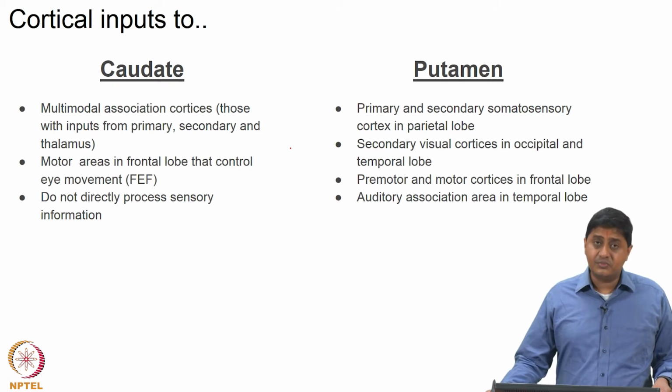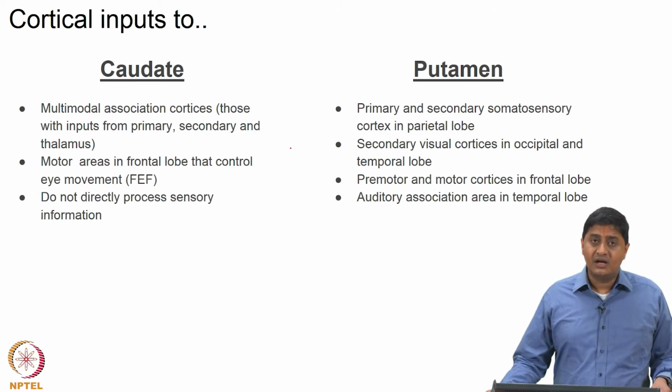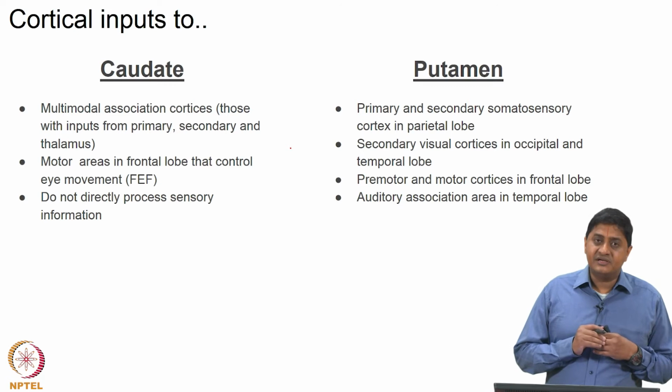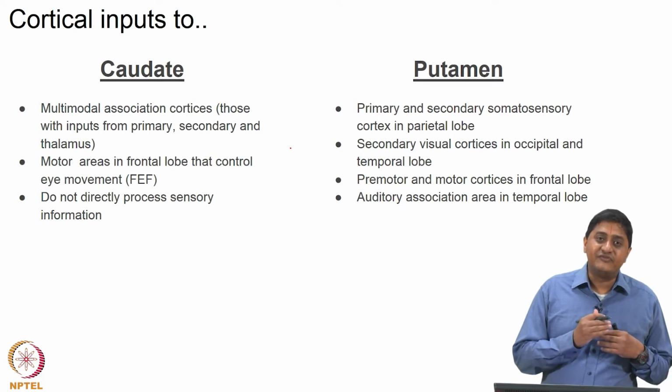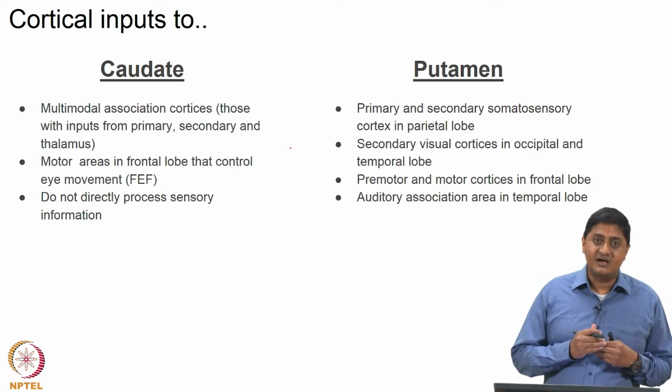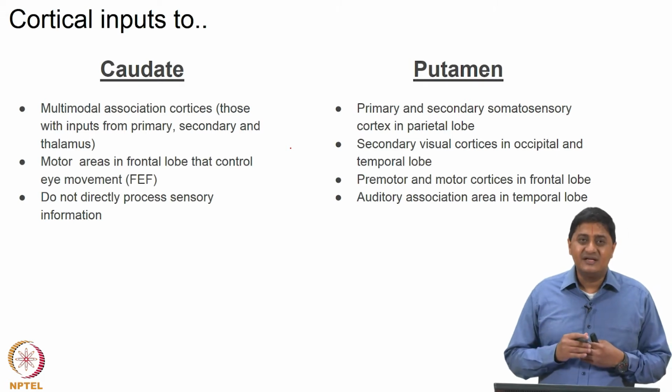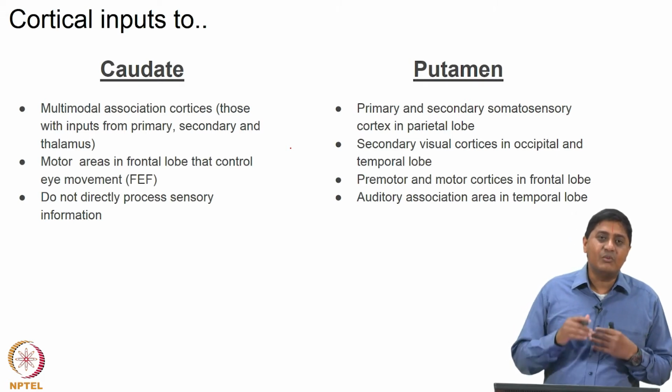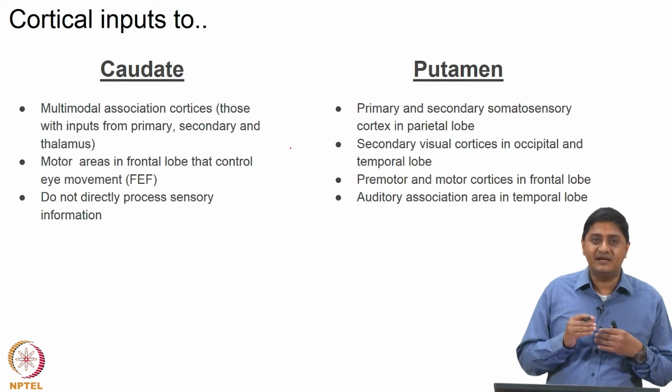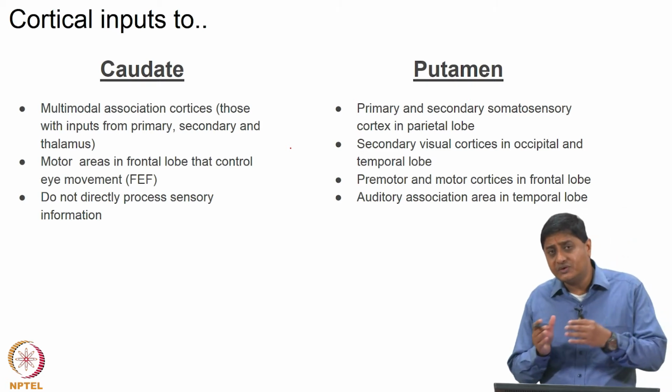So, the cortical inputs to caudate and putamen are also different. As I mentioned earlier, inputs from different regions of the cortex are kept separate. In some sense, there is some amount of topography that is maintained throughout the striatum, actually throughout the basal ganglia.